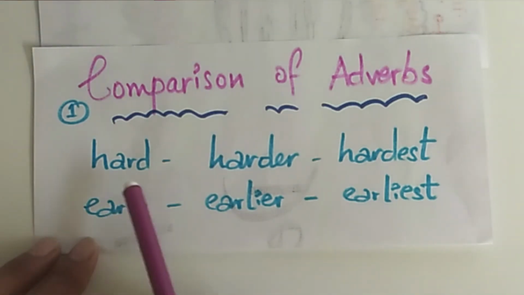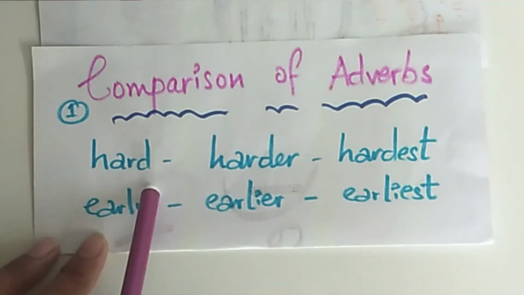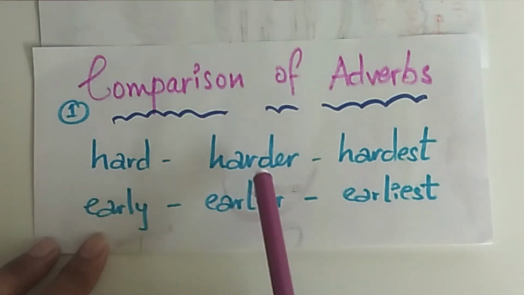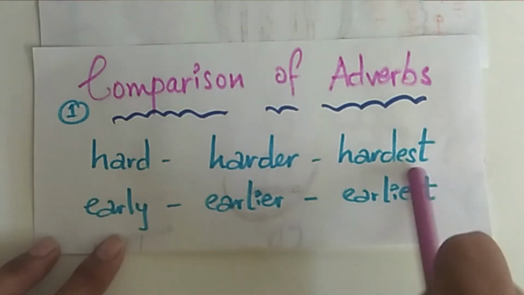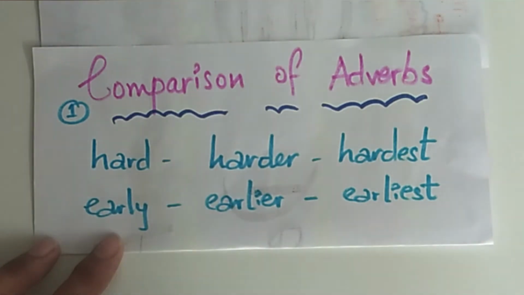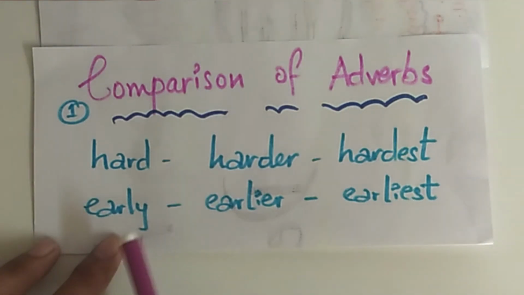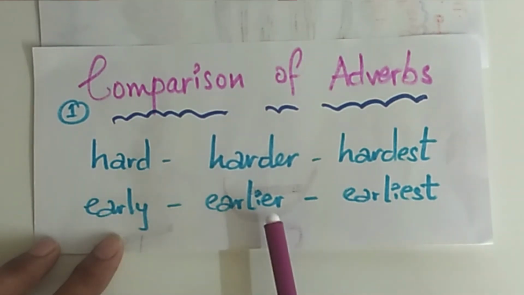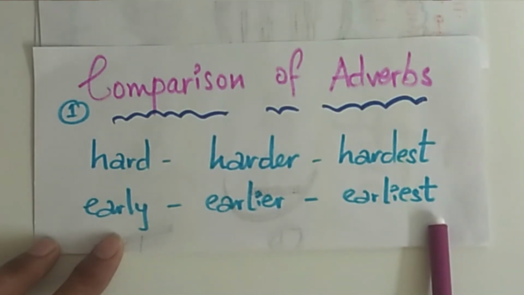If you know that hard is a word that exists as an adverb in English grammar also, what could be the comparative and superlative forms of hard? It would be harder and hardest. Early, as I told you in adjectives, if the word ends in y, then we have to remove y and write ier and iest.